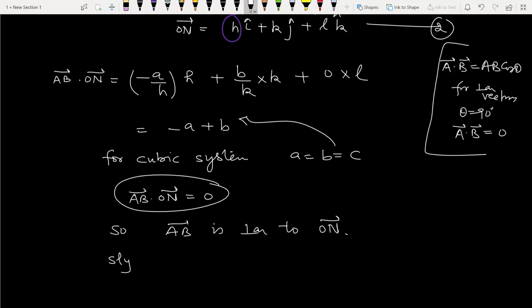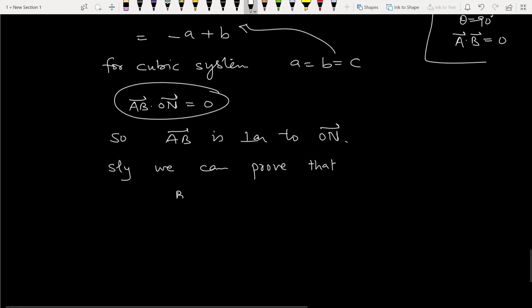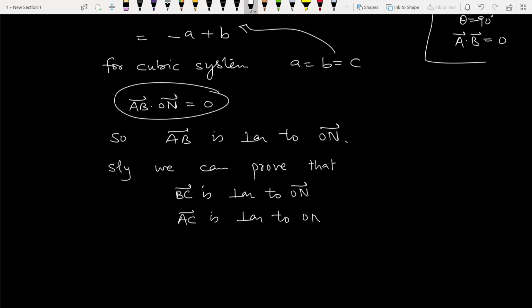Similarly, we can prove BC vector is perpendicular to ON vector, and AC vector is perpendicular to ON vector.